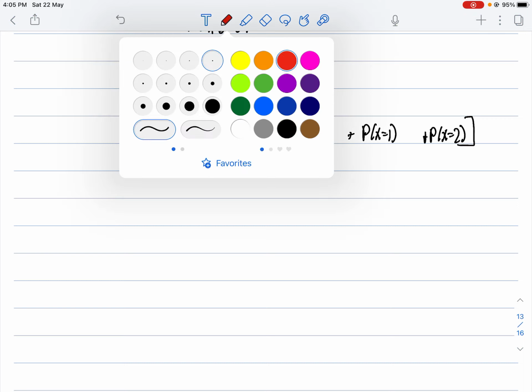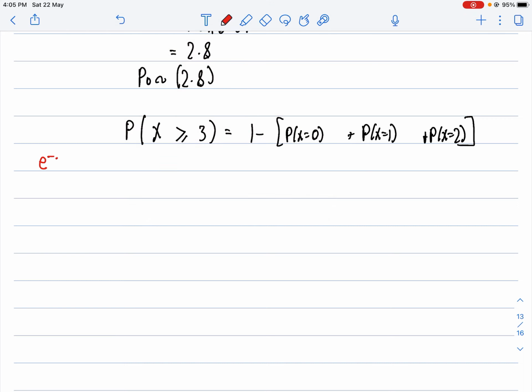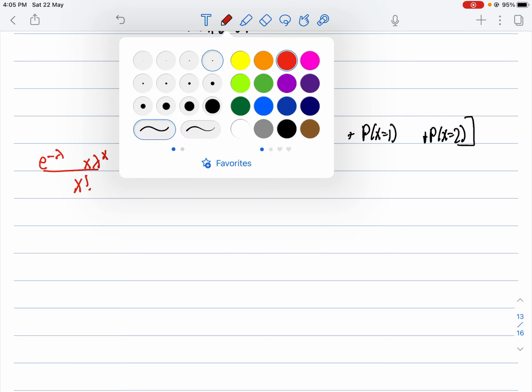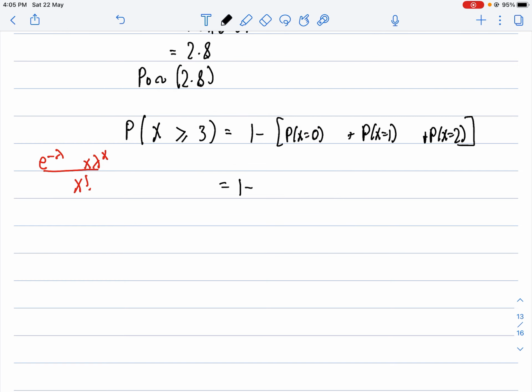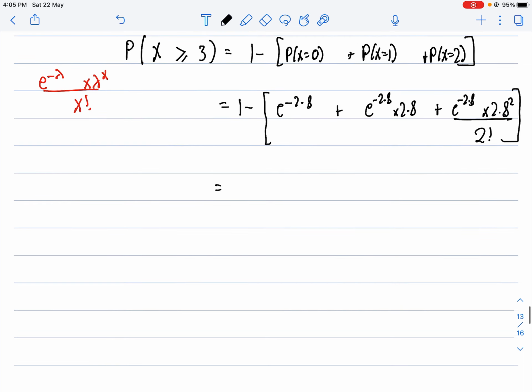Now I know my Poisson distribution formula is e raised to minus lambda into lambda raised to x over x factorial. So I can write this as 1 minus e raised to minus 2.8 plus e raised to minus 2.8 into 2.8 plus e raised to minus 2.8 into 2.8 raised to 2 over 2 factorial.